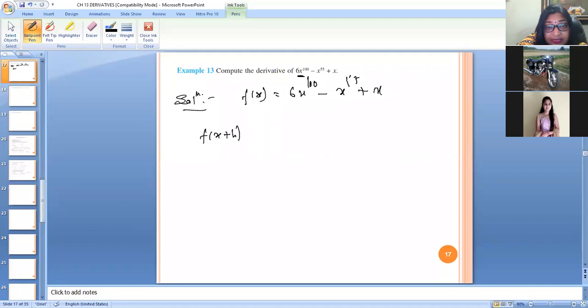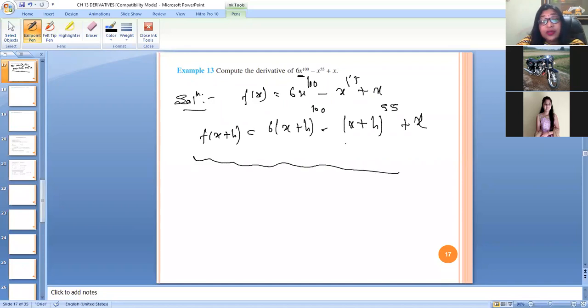Then f of x plus h is equal to 6 times (x plus h) raised to power 100 minus (x plus h) raised to power 55 plus x. Is it possible to simplify (x plus h) raised to power 100? The question is going to be very, very complicated.